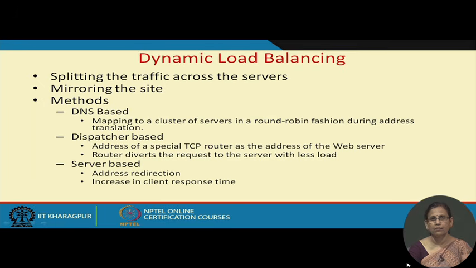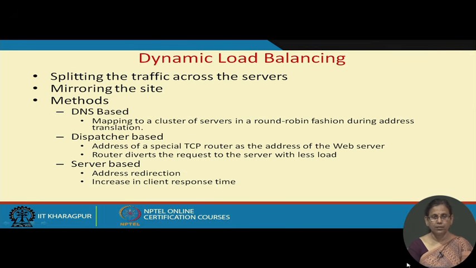During DNS mapping, the IP address of the router gets associated with the domain name. Let us say xyz.com is associated with a router's address. Look, the router is not a server; the router is in turn connected with a number of servers. So, it is the router's job to divert the request to the server with less load. So, you have to have a smart router who does this kind of request routing.